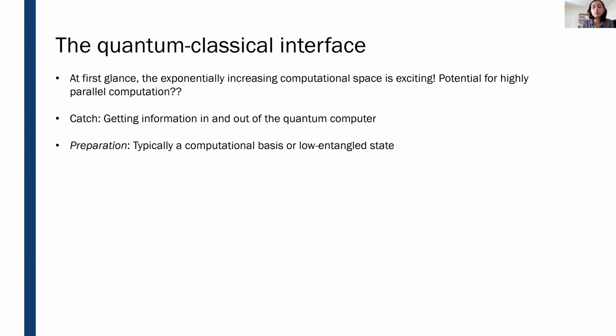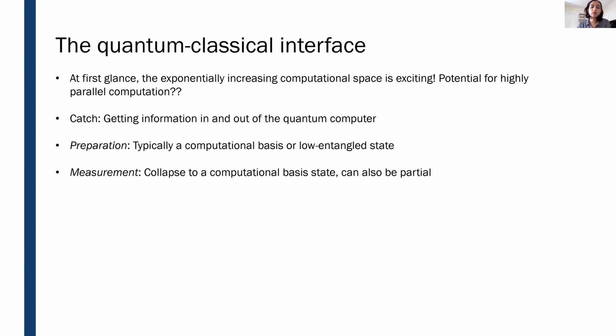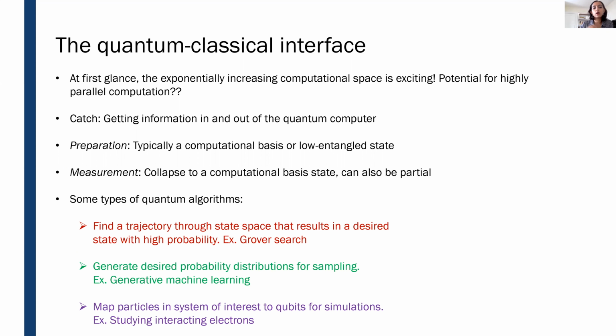And typically this will be just a computational basis state or some low entangled state, right? You cannot typically start off in a state that already has a lot of information in it. You have to prepare that state. And when you measure a system of qubits, again, it will collapse to a computational basis state. And so therefore, when you design a quantum algorithm, you have to keep all these caveats in mind, right?